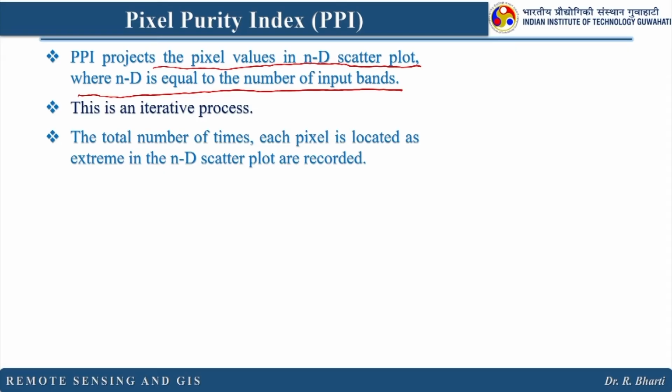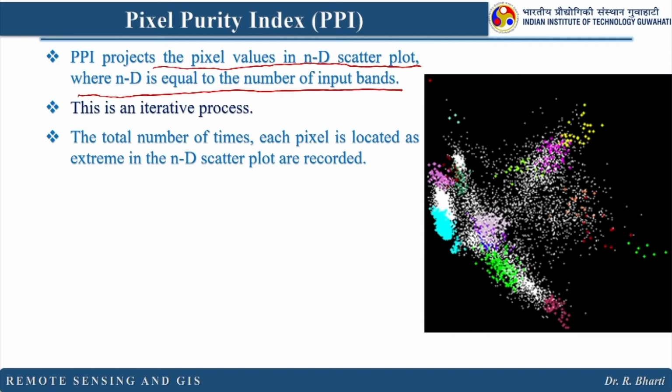The total number of times each pixel is located as extreme in the n dimensional scatter plot is recorded. So here what is happening? You can assume there are n dimensions, and these pixel values are changing. Why? Because we are rotating the axis.